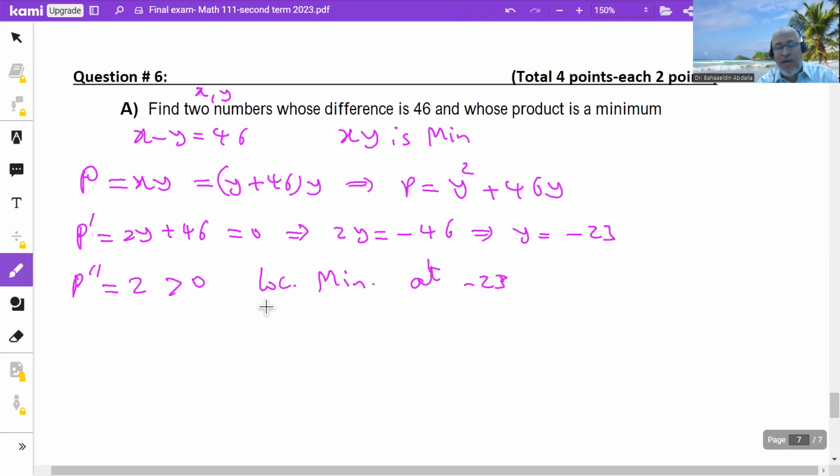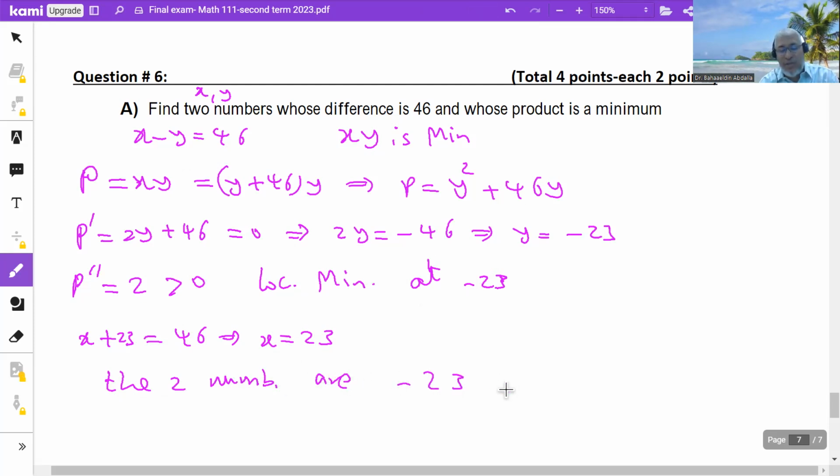So now I'm sure that the product is minimum at negative 23. So y is negative 23. I can find x minus negative 23 equals 46, so x is 46 minus 23, that's 23. So the two numbers are negative 23 and 23.